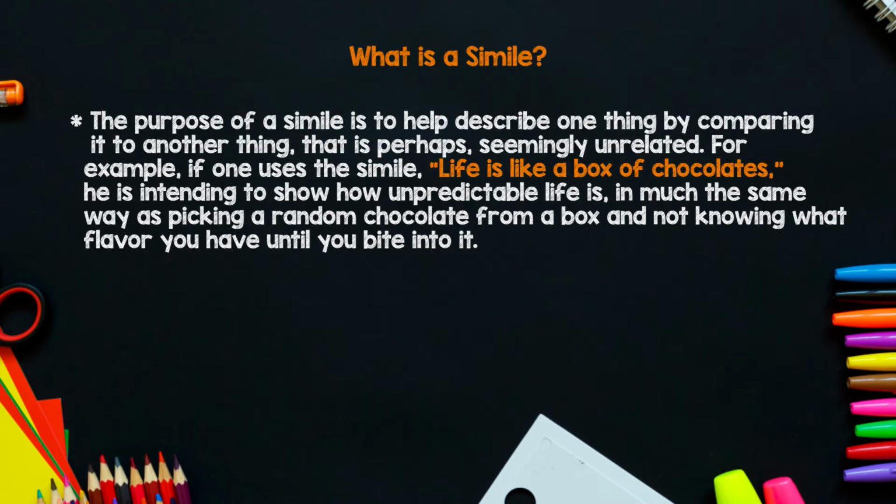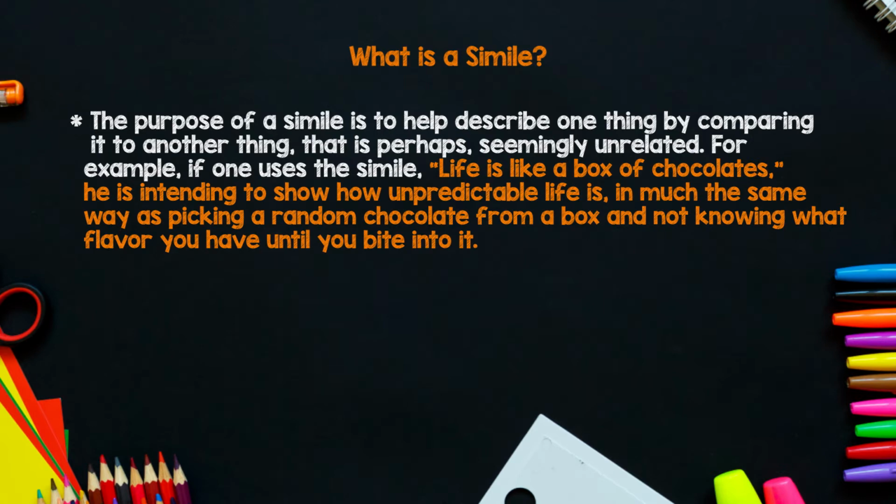For example, if one uses the simile, life is like a box of chocolates. Here, boys and girls, we are comparing two dissimilar things. We're comparing life and chocolate. And we know that it's a simile because it is introduced by the word like.